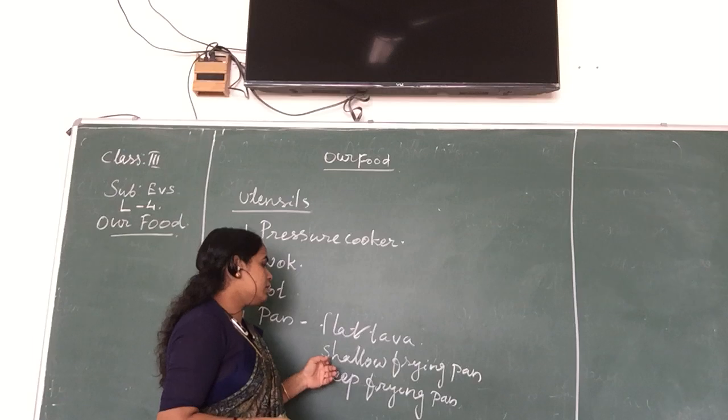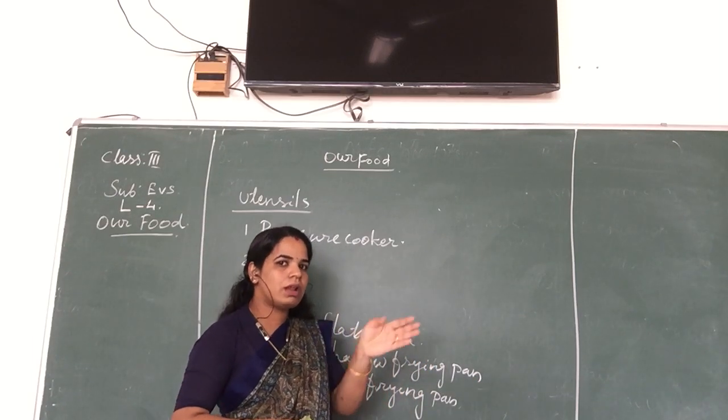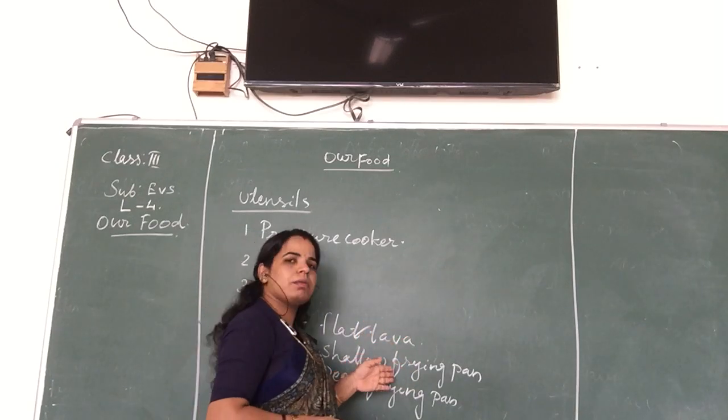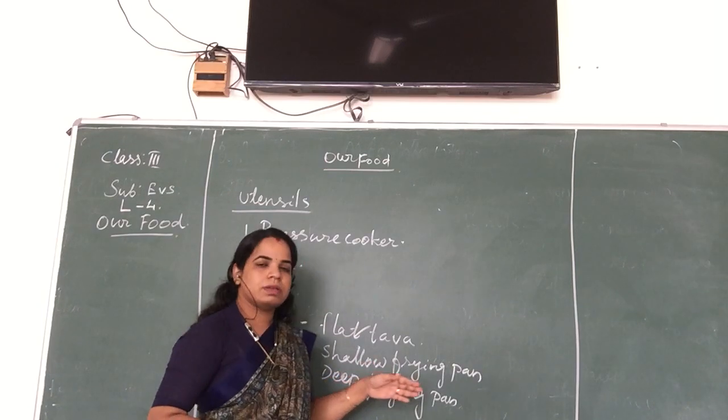Okay? And then the shallow frying pan. For shallow frying, we just apply a little oil and then fry. It is used for frying vegetables or potatoes and any other vegetable.